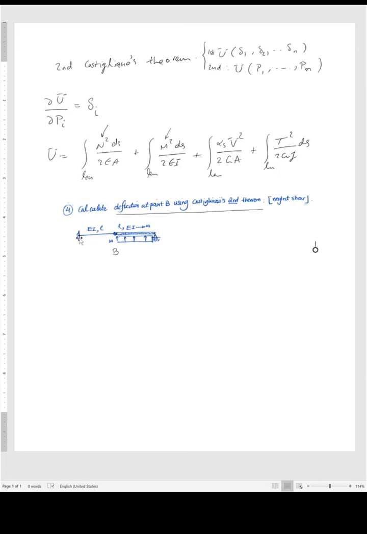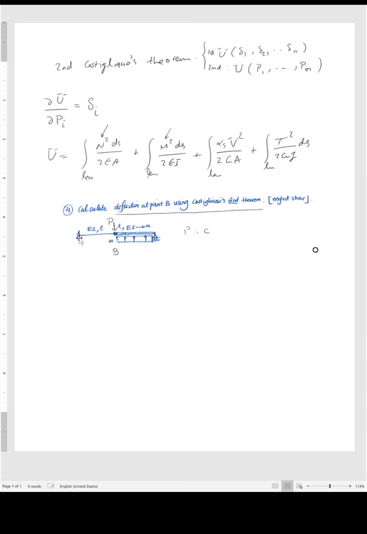As you can see, we have no concentrated force applied at point B, right? Just for the solution of the problem, to be able to move forward with the second Castigliano's theorem, we apply a force ourselves, call it P. At the end, we can set the value of P to 0.